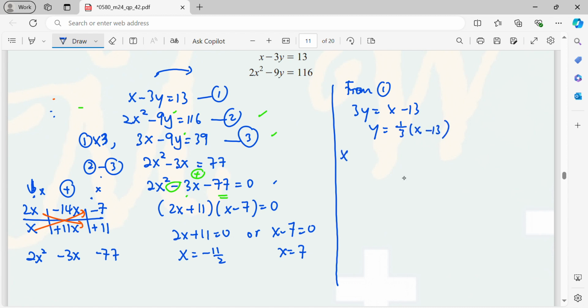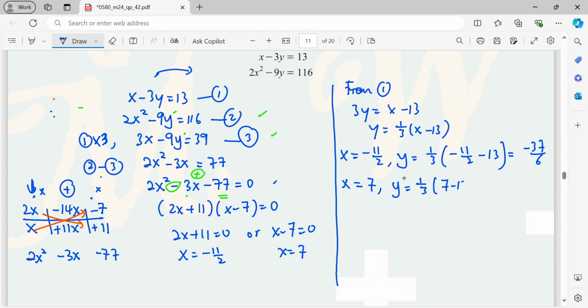Then now, when my x is minus 11 over 2, then my y is going to be 1 over 3 times minus 11 over 2 minus 13. Then this is going to be minus 37 over 6. Right? So then when x equals to 7, my y is 1 over 3 times 7 minus 13.